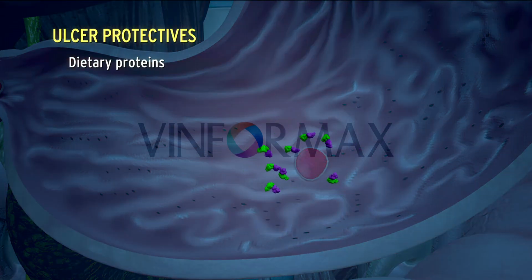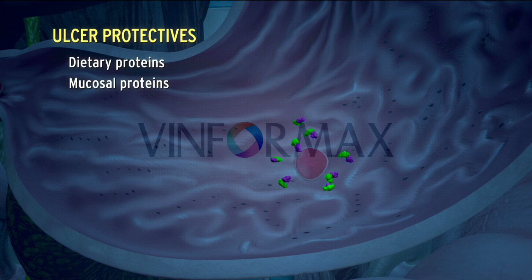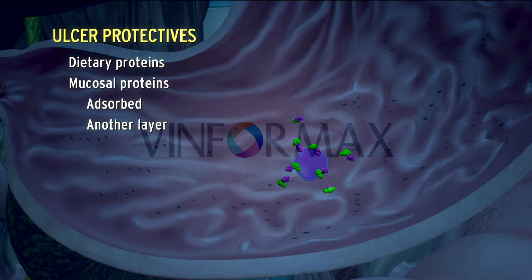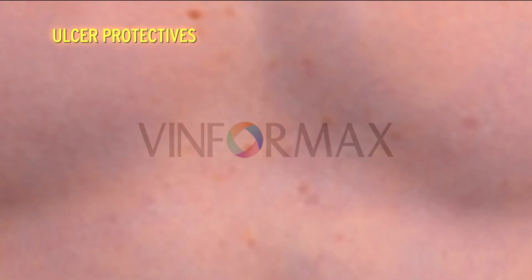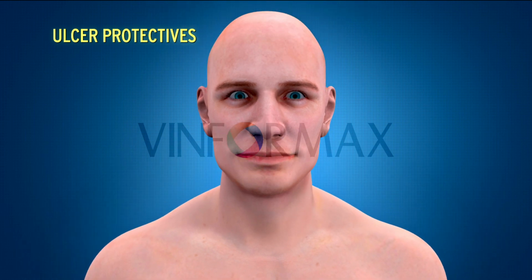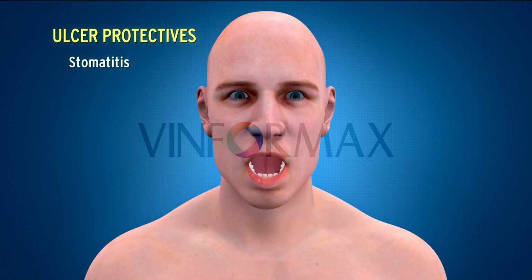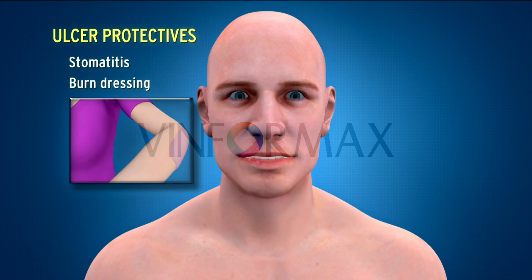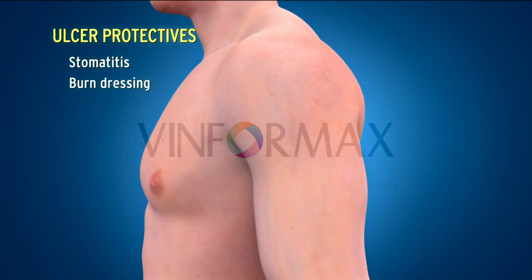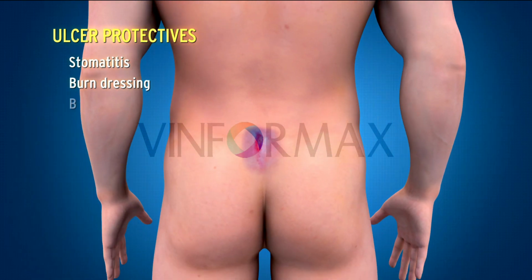Dietary proteins and mucosal proteins also get adsorbed over this coat, forming another layer to provide resistance. All ulcer protective drugs heal the ulcer in a period of 4 to 8 weeks. Other uses of sucralfate: it can also be used for stomatitis, burn dressing, and bed sores.